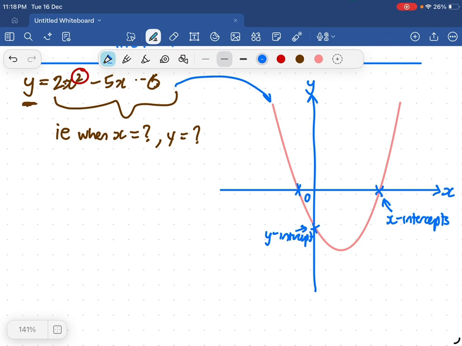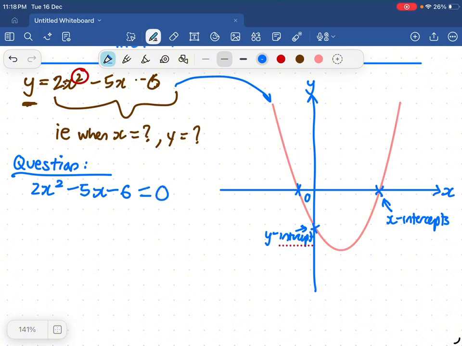Now, to solve quadratic equations, how will the question usually phrase it? Usually, the question will phrase it such that when 2x squared minus 5x minus 6 equals to 0, what is the value of x?